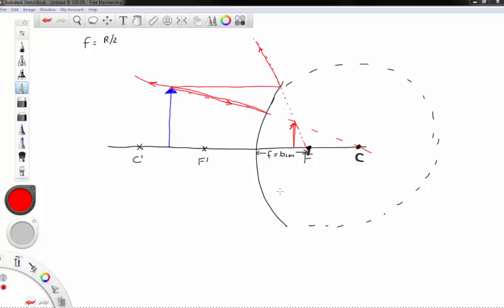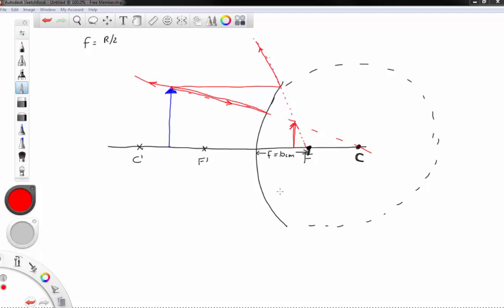Now, it's entirely possible that you all drew this image using a ruler. You could use a protractor if you'd like, although I don't think it's really going to be that helpful for these kinds of problems.